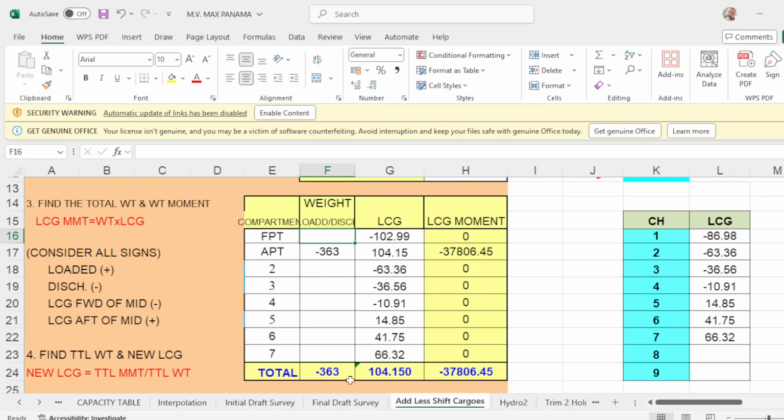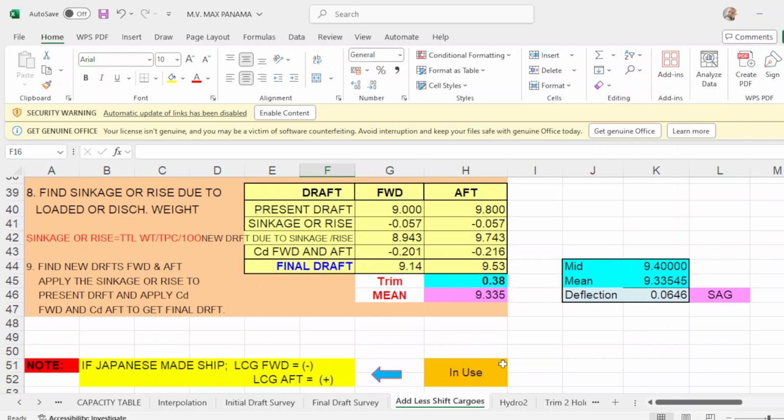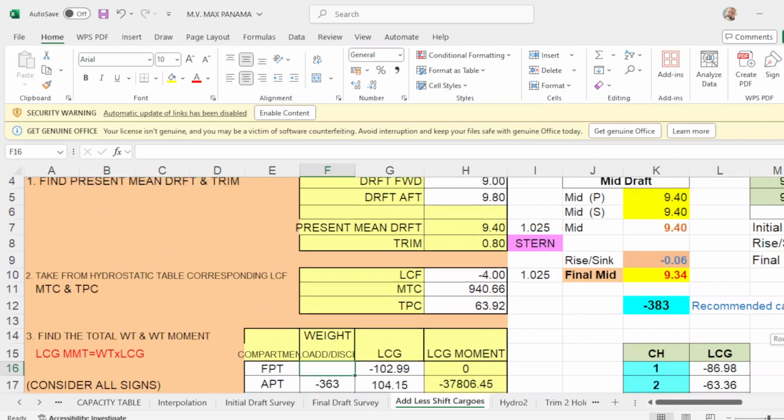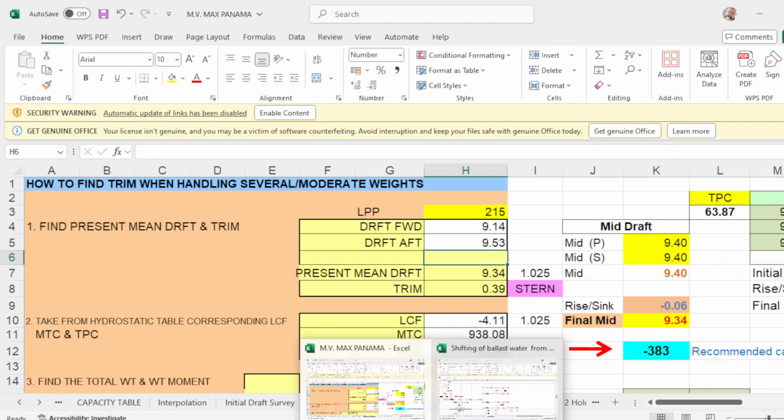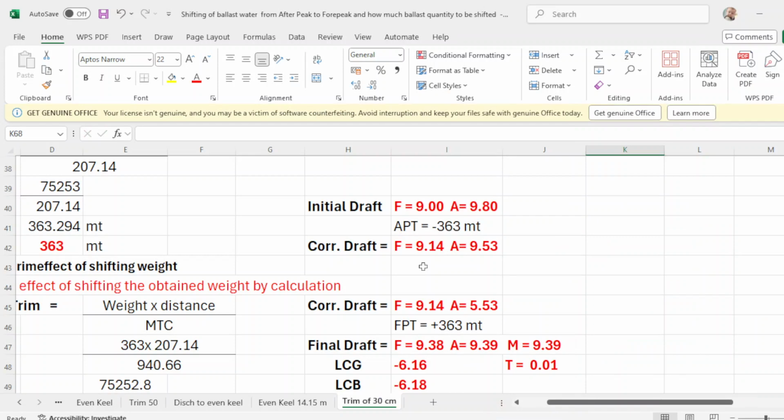Now, the next thing you do, with this drop of 9.14 and 9.53, put this 9.14 and 9.53, which is this one. Then you go to your program.